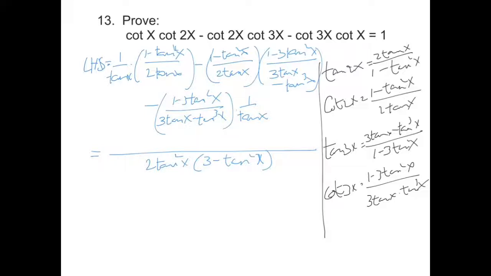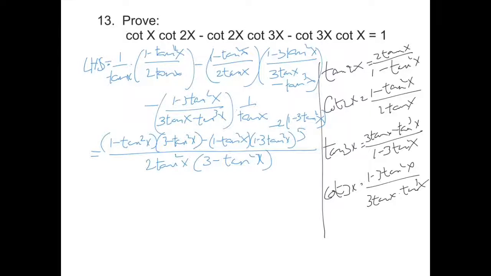And in the numerator, in the first term, we get 1 minus tan squared x multiplied by 3 minus tan squared x, and in the second term we have minus 1 minus tan squared x multiplied by 1 minus 3 tan squared x, and in the third term, because we don't have space, let us write that here. We have minus 2 times 1 minus 3 tan squared x.